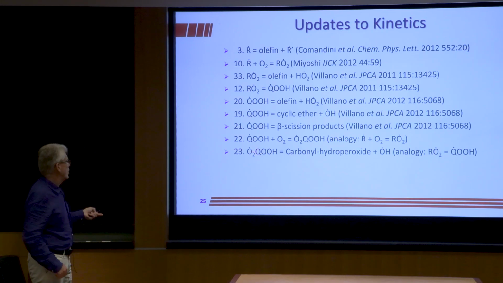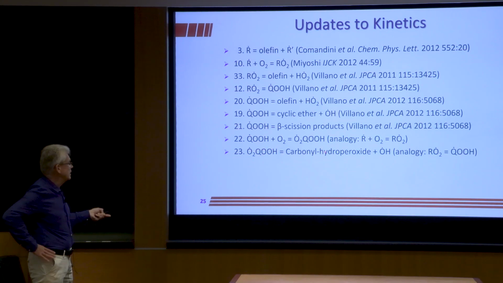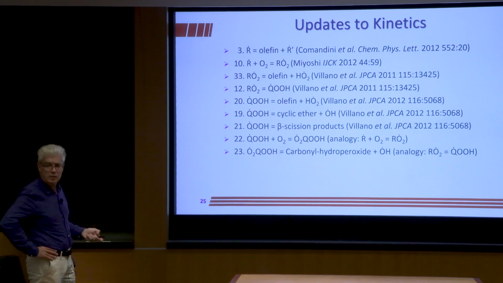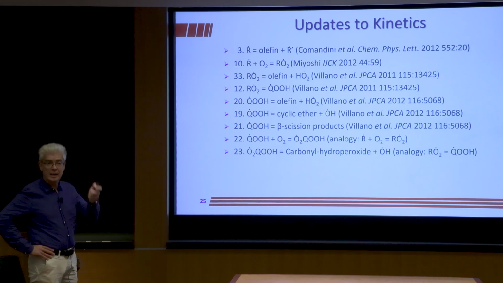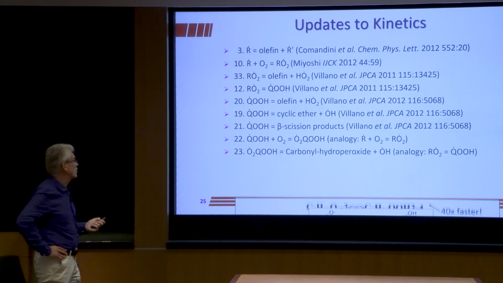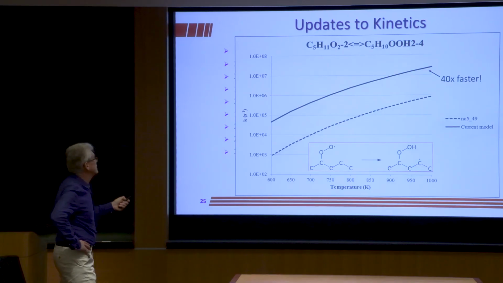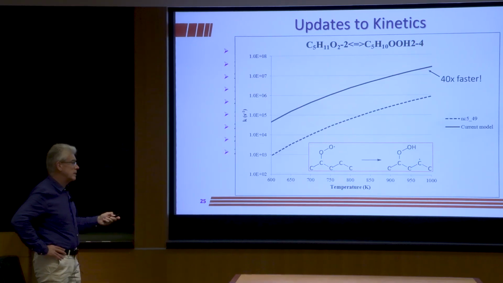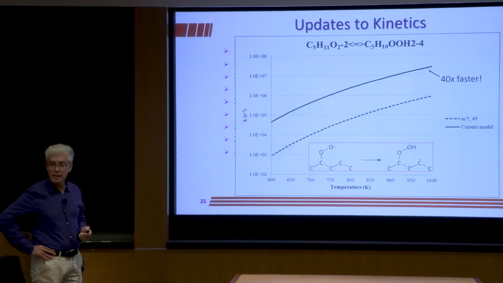And then we have O2QOOH, this hydroperoxy alkyl radical forming the carbonyl hydroperoxide plus OH. We took the rate constant by analogy from RO2 to QOOH, and I'll explain that a little bit later. Okay, so as I said, the rate constants calculated by Stephanie Villano were 40 times faster than ours.